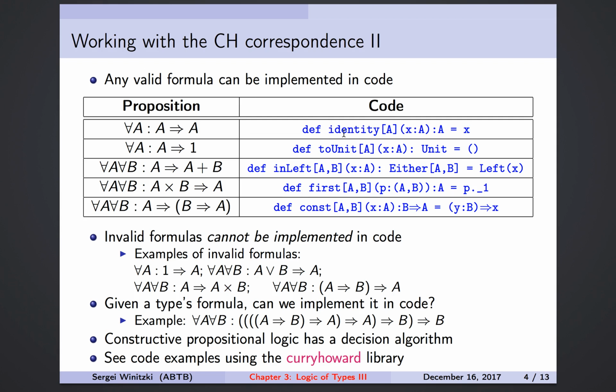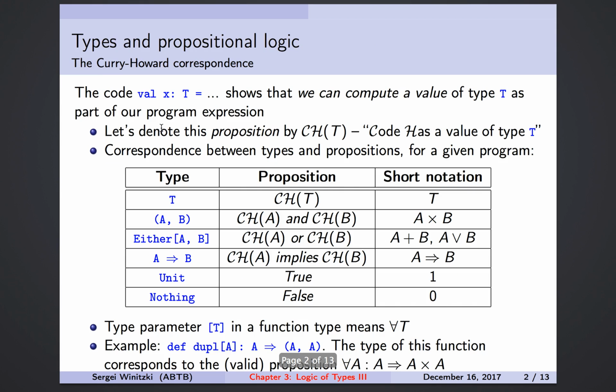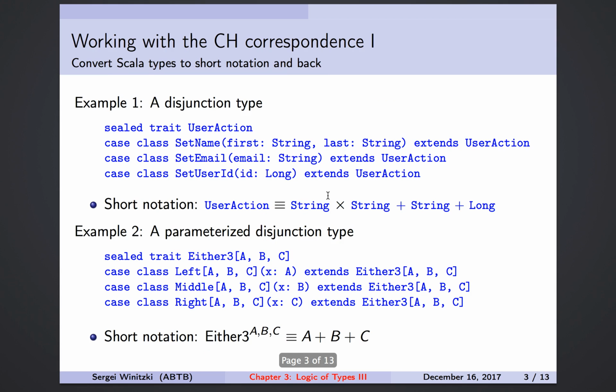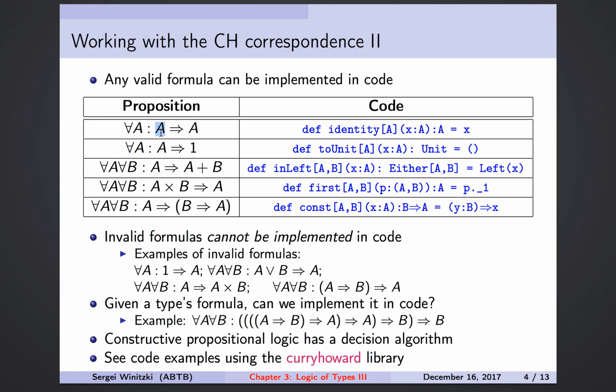So the correspondence between proofs and code, I'd like to illustrate in this table, is that if you have a proof of A, it means you have a proof that your code has a value of type A. Remember the interpretation of our logical propositions is that code has a value of type T. So in the short notation, A means CH of A, so code has A. So what is the proof that code has A?